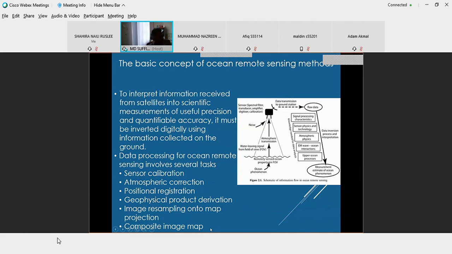And then the composite image map, if you want to produce monthly data or level 4 data.